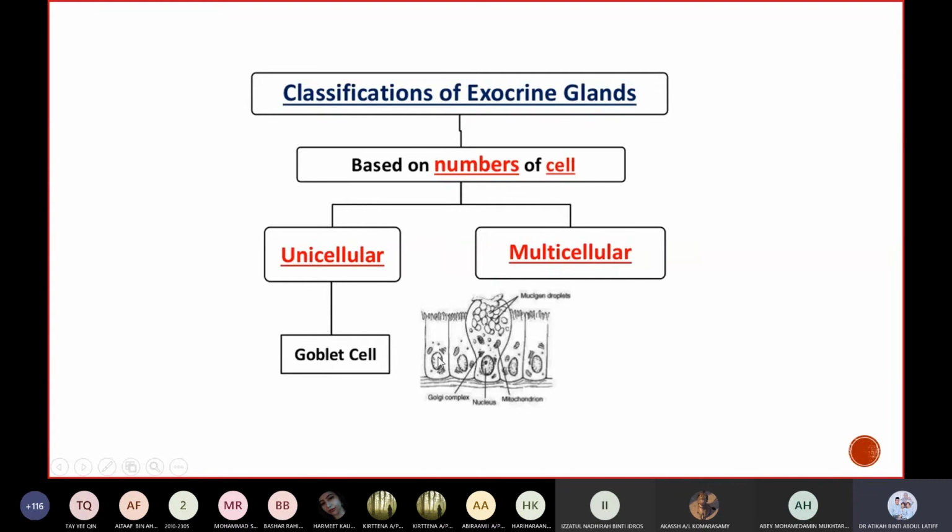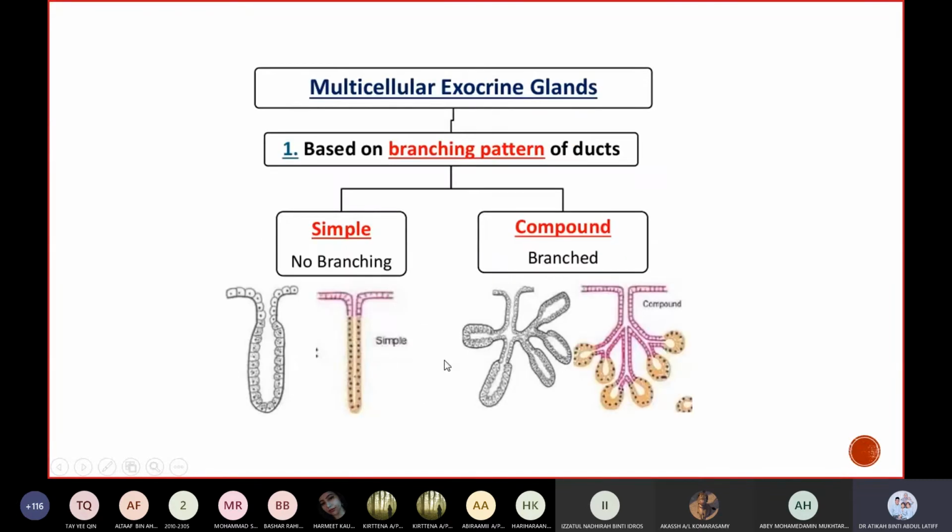Okay, multicellular, there's a lot of multicellular exocrine glands. So they are classified based on different criteria. So if it's classified according to the branching pattern of the ducts, you have simple and compound. Simple means there's no branch, okay, and compound means it's branching.